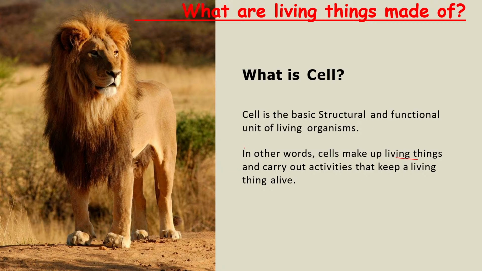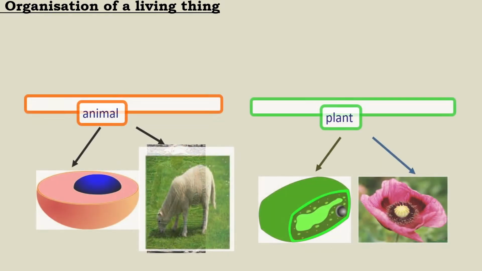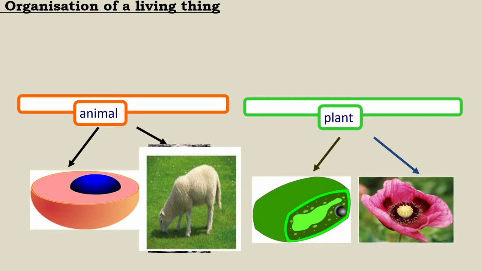Okay, now let us understand how living beings are made up of cells and why we call it the basic structural unit of life. Now let's see the organization of living things, what an organism is made up of. We know that all the living things that you see in our surroundings, we classify into two main groups. One is the animal category, the other one is the plant category.